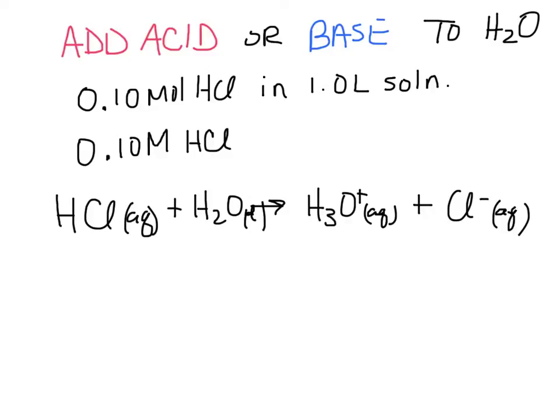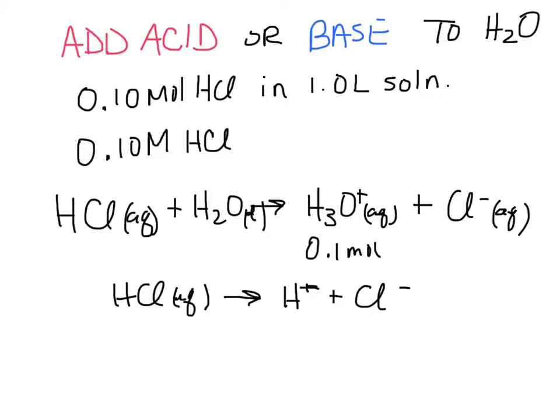So since we started with 0.1 mole of hydrochloric acid in 1 liter of solution, the reaction is going to give us 0.1 mole of hydronium ion. Or, if we want to simplify this, we could just do this, because then we would just get hydrogen ion and chloride ion in solution. Either way, we have 0.1 mole of our hydrogen ion.